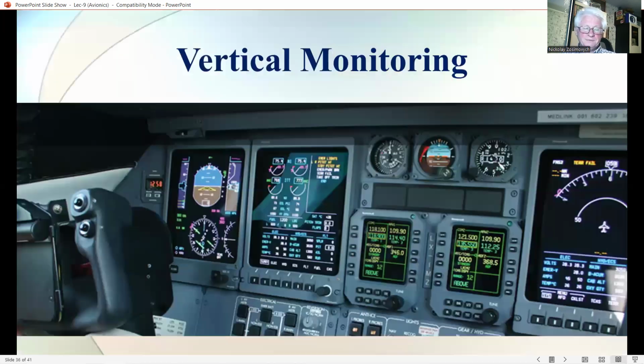And now let's start another subtopic of today's lecture, vertical monitoring. As mentioned in the introduction, the basic vertical reference is the Earth's gravitational vector. The platform, no matter real or virtual, can thus be initially aligned locally level using the accelerometers to measure the tilt errors from the local vertical.